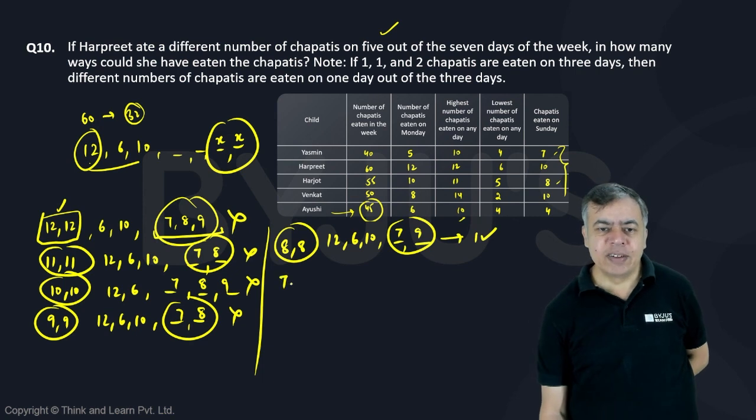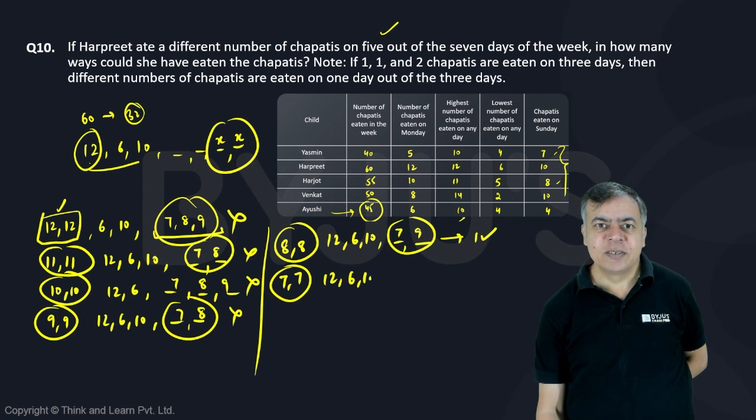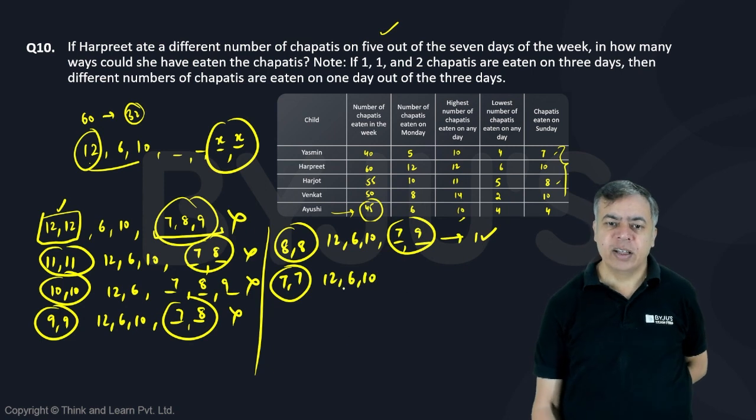Now if I take 7, 7 as similar, and 12, 6, 10 is there, okay. So this is 28 and 14, 42. 42, now 18 left, because to make it 60, 18 left, right? I can have 8 and 9, which cannot be 18. 8 and 10 I cannot take.